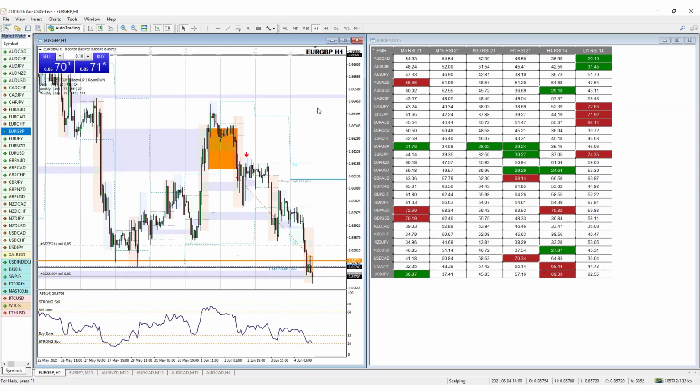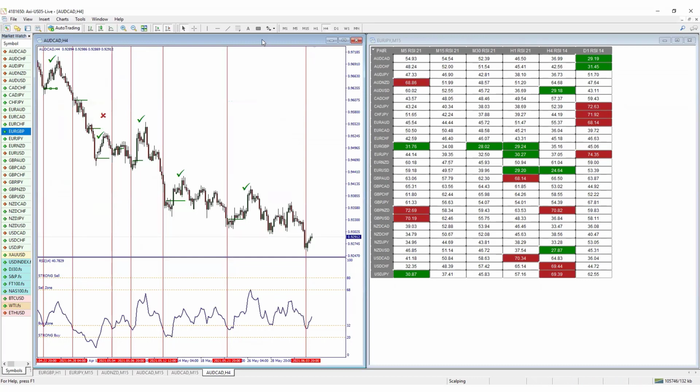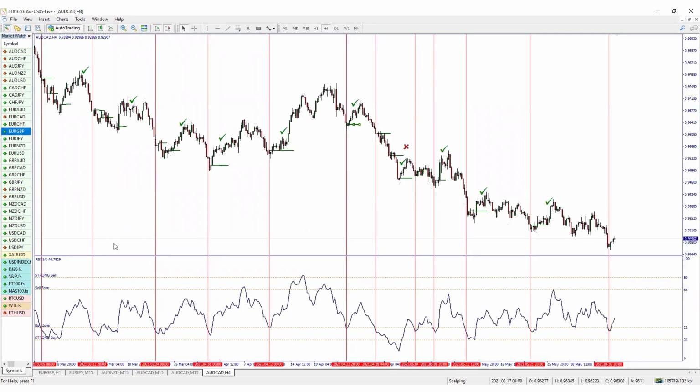But one of the reasons I use the RSI, and I've tested lots and lots of other indicators, is because the RSI is based on not so much price movement, but price strength, which is slightly different to most of the other oscillators.